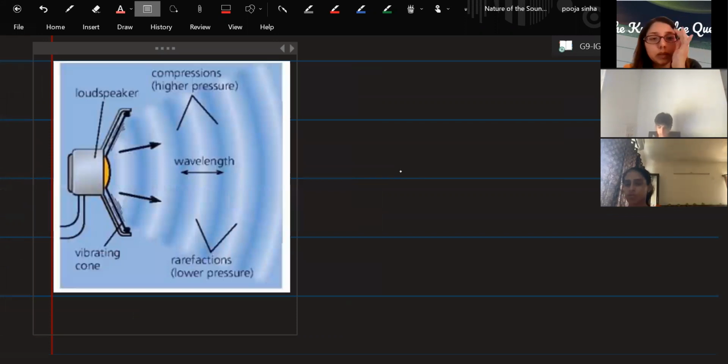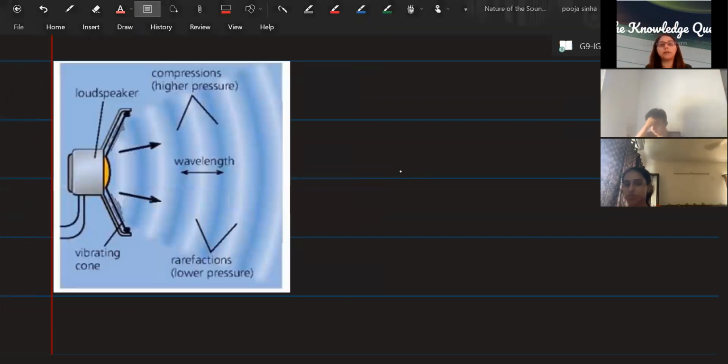Tell me, what do you see on the screen? Do you see that there are compressions and rarefactions? There's a loudspeaker, and inside it there is a vibrating cone.